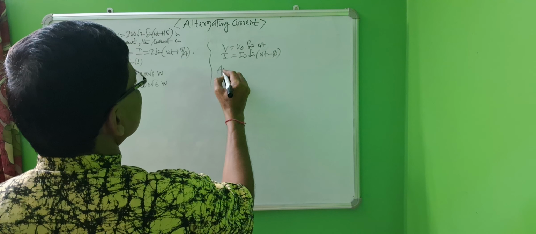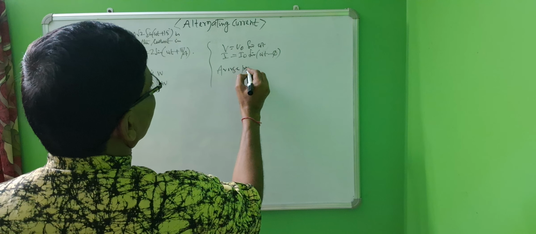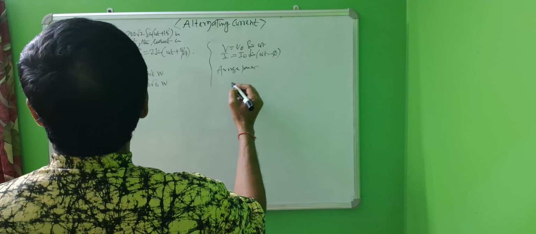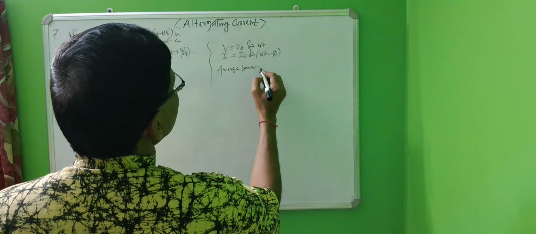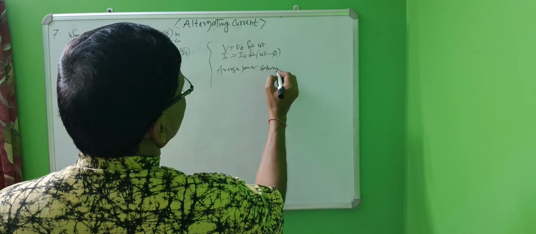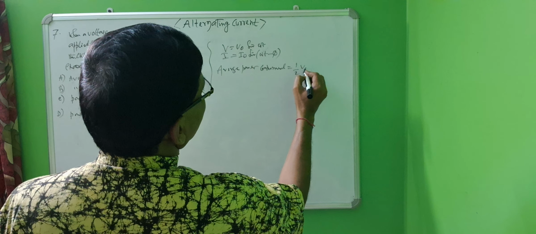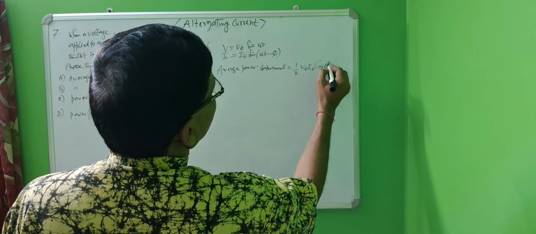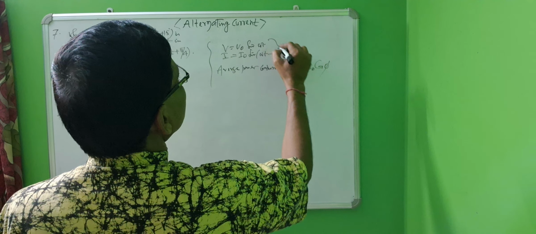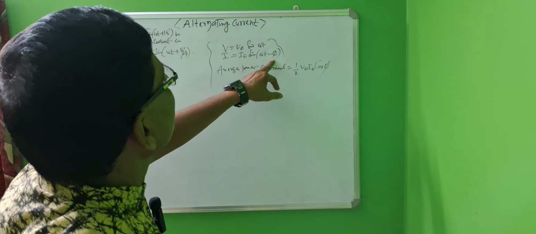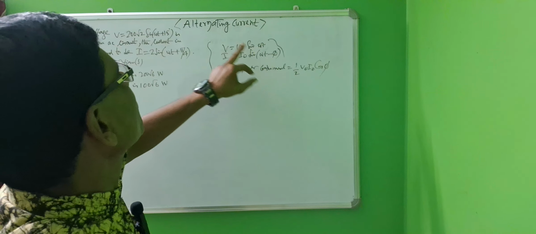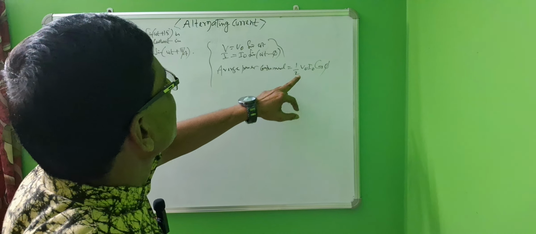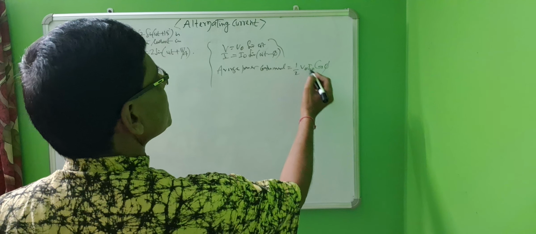So average power consumed equals half V0 I0 cos phi. What is phi? Phi is the difference of phase angle between voltage and current.